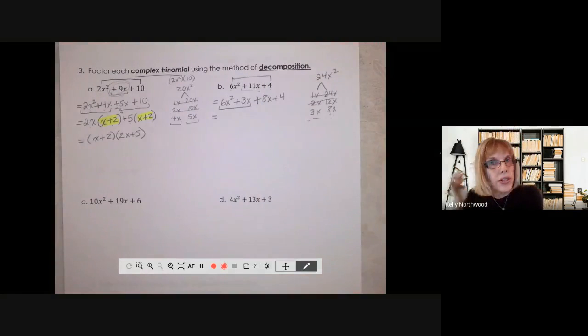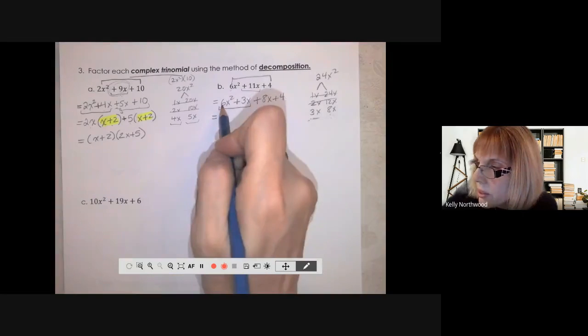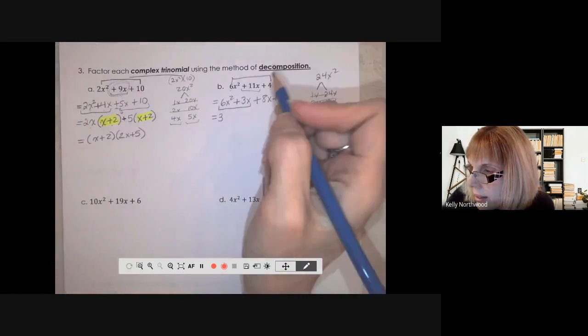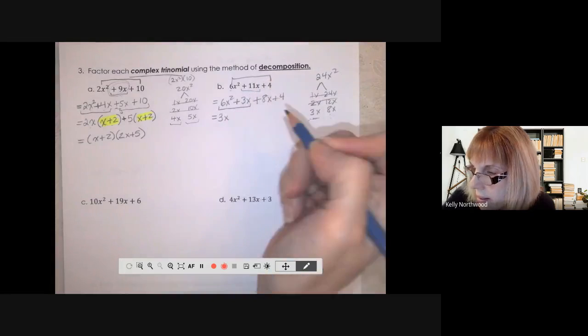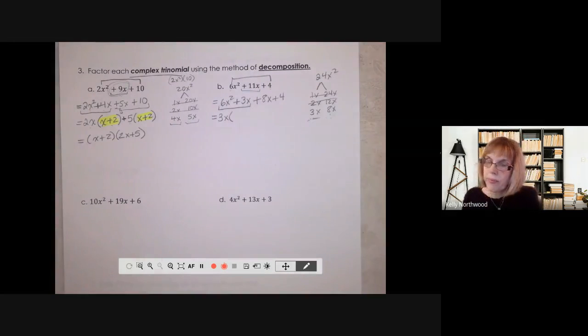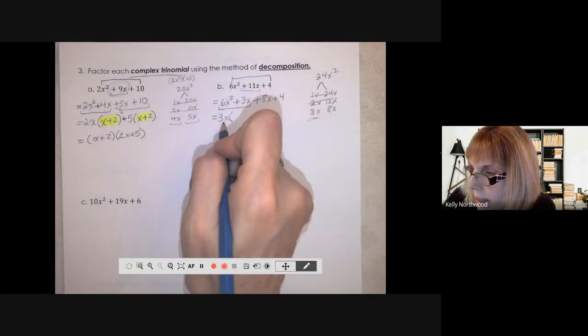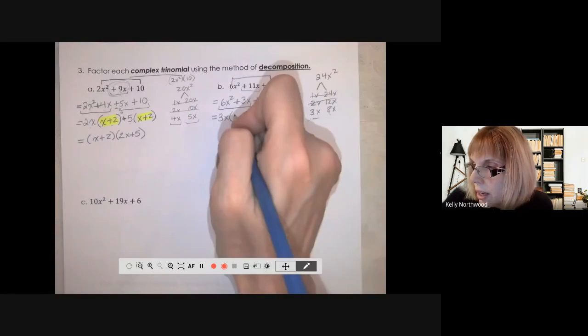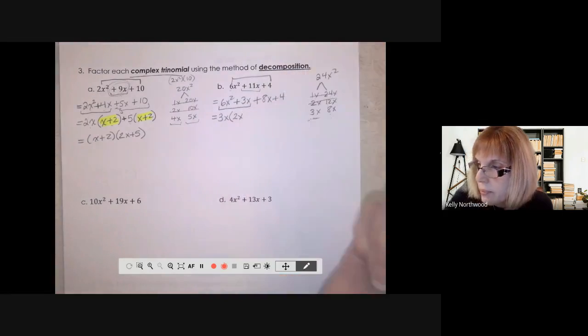So you group your first two and see what's in common with just the first two terms. So 6 and 3 have 3 in common. They both have an x. Smallest exponent is a 1. And then you do your, what would you need to multiply 3x by to get 6x squared? And you should get 2x. Be careful there.